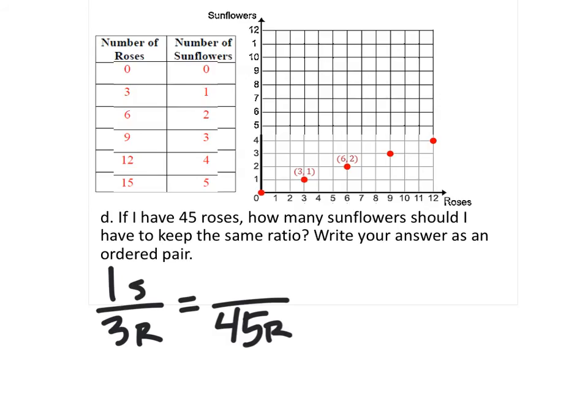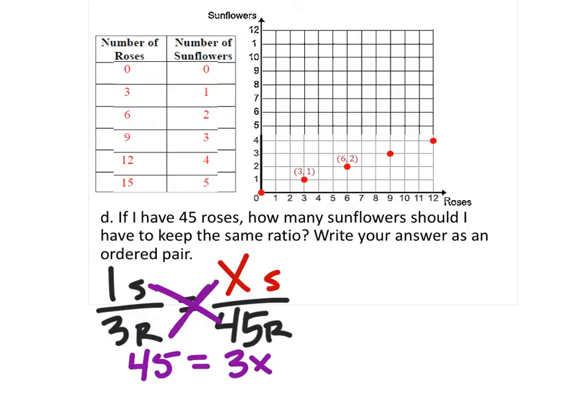So this is the way that I have it set up. And you could use scale factors, which is what we've been doing, where you'd multiply the 3 by 15. But I'm going to use the cross multiplication just because I can, and so you guys can see how to use it. And then you can determine which of the two you like better. So 1 times the 45 is 45 equals the 3 times the x.